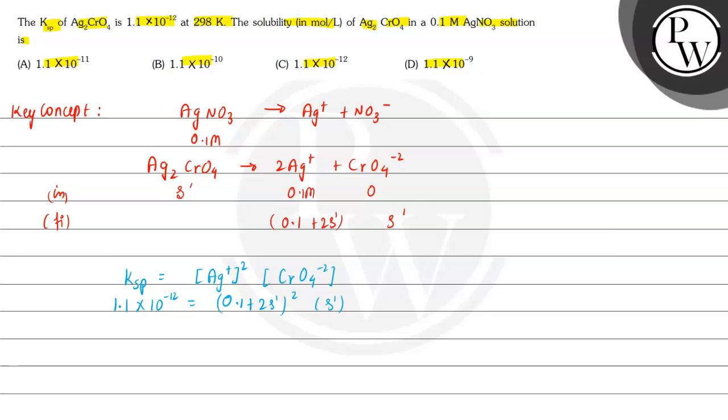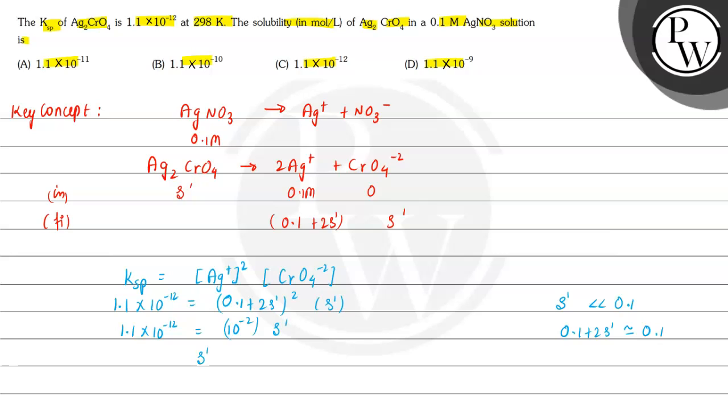But as we can see here, we know that S dash is really less than 0.1. That means 0.1 plus 2 S dash will almost be equal to 0.1. So this will be 1.1 multiplied by 10 raised to power minus 12 equal to 0.1 whole square, that is 10 raised to power minus 2, multiplied by S dash.